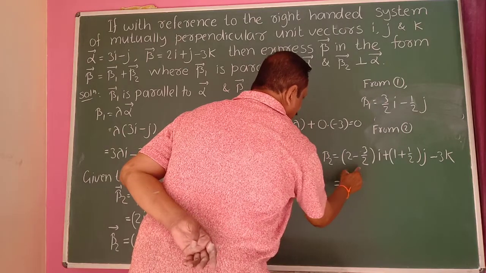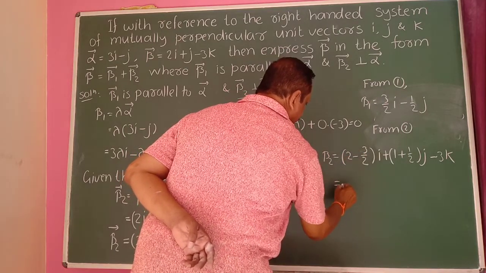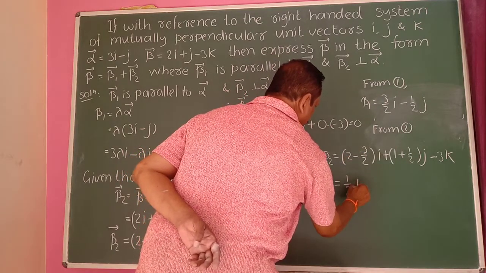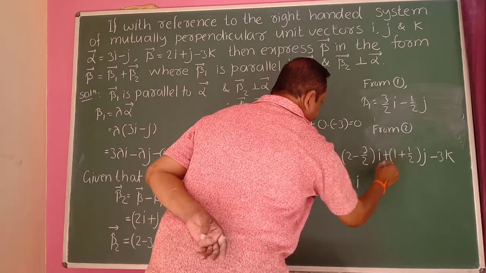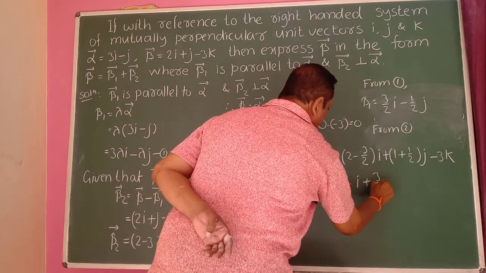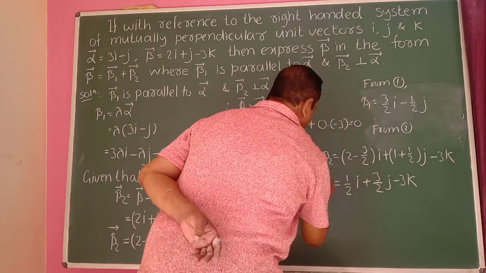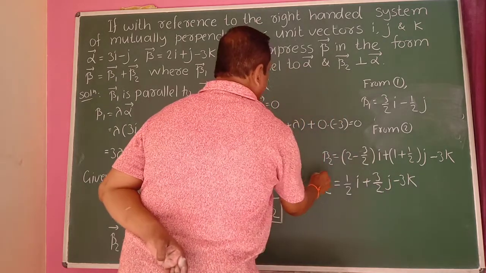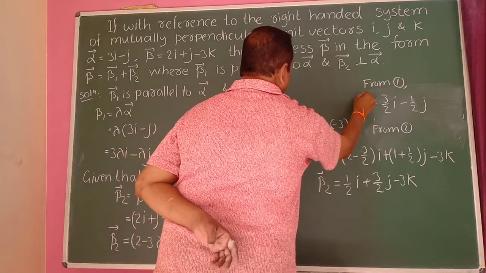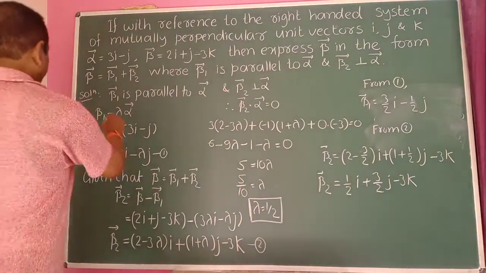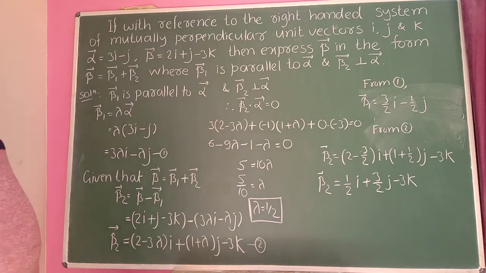Therefore this is equal to 2 twos are 4, 4 minus 3 becomes 1. So 1 upon 2 into i, 2 ones are 2 plus 1 becomes 3, 3 divided by 2 into j minus 3k. So this is the vector beta 2. So this is the answer here.